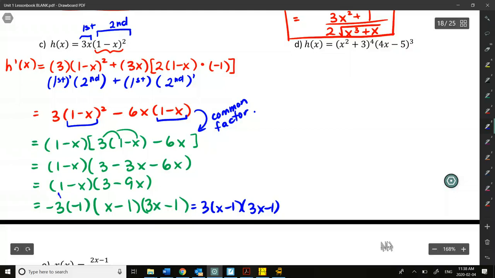So I took out a negative from this bracket because usually when we're factoring, we express it as x plus something or x minus something. So when I took out a negative 1, these just switched signs. X became positive and 1 became negative. Okay, and I also took out a negative 3 from here.